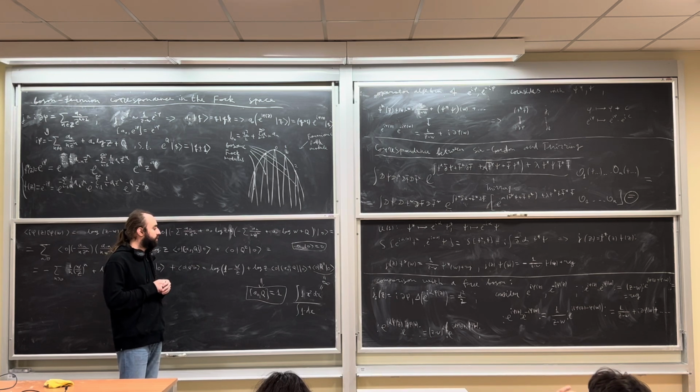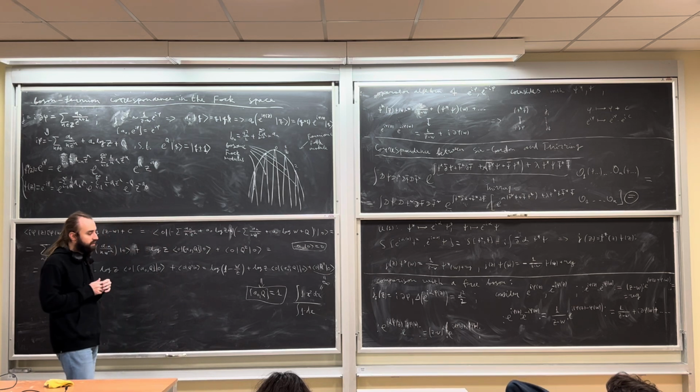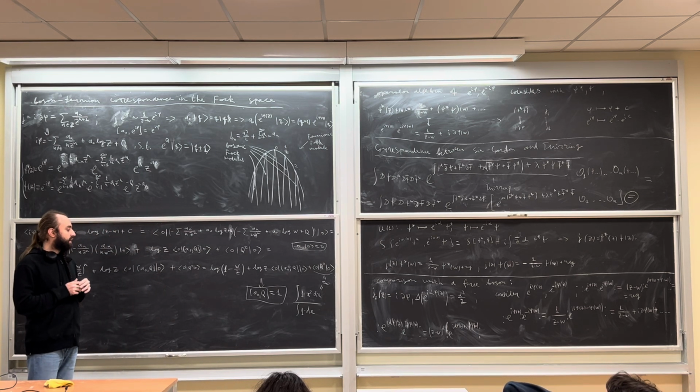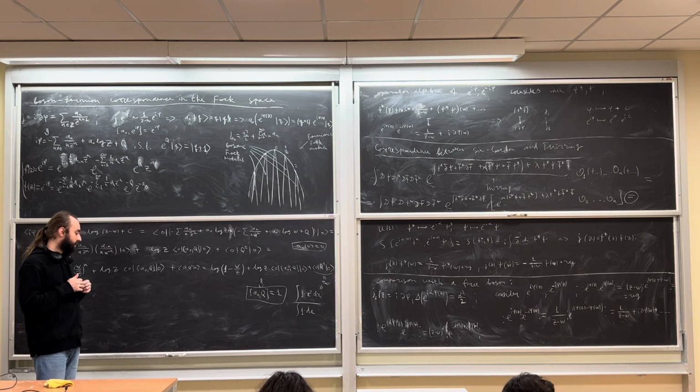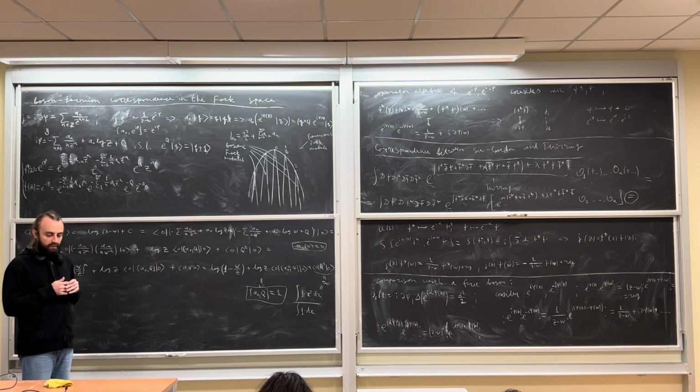But if we integrate, for example, exponentials, these divergences are a little bit nicer in the sense that they are delta functions which give us conservation of momentum, or of this U1 charge, in target space momentum.